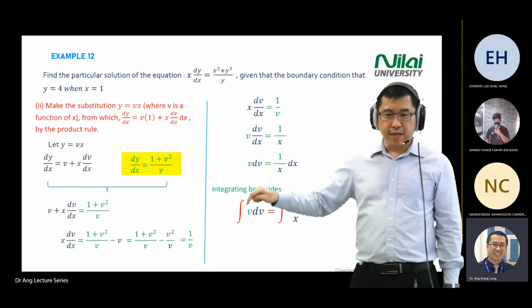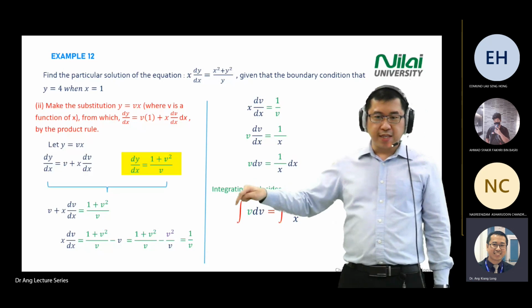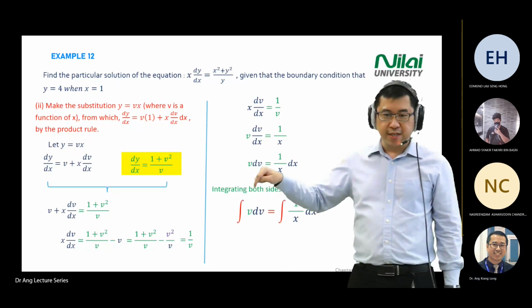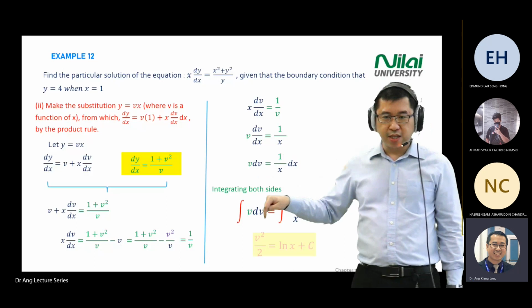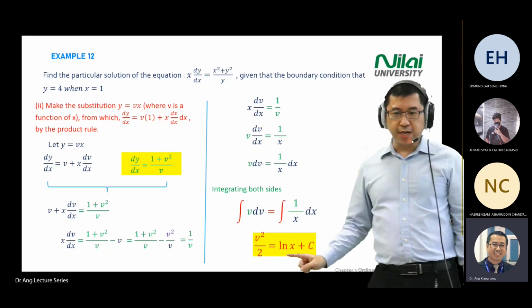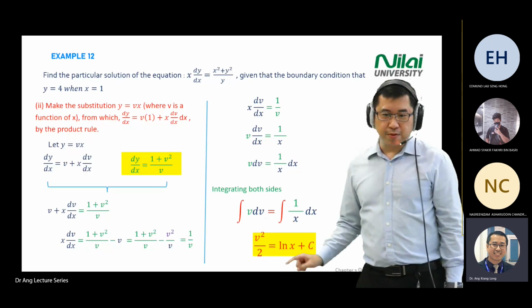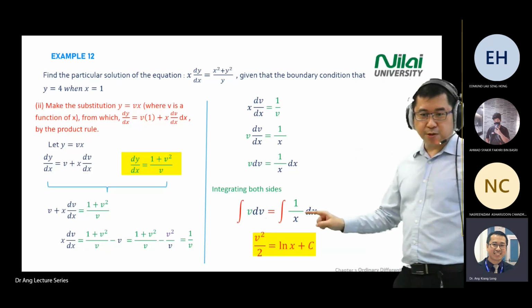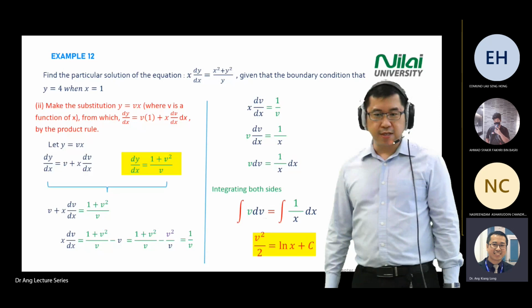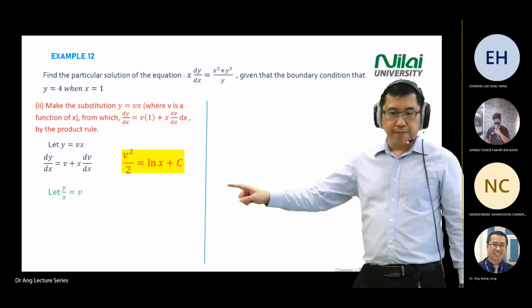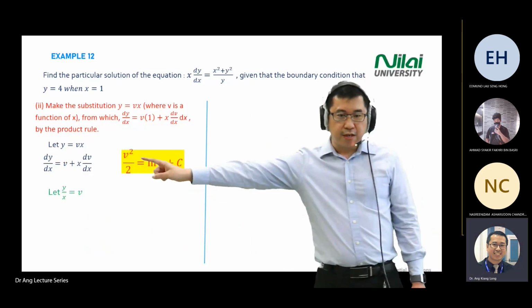And this one, be careful. This is integration of v dv, and you will get v squared divided by 2. I'm not going to explain why this one becomes this one. This one, the integration of 1/x, you get ln x plus c. Again, remember how to get c.